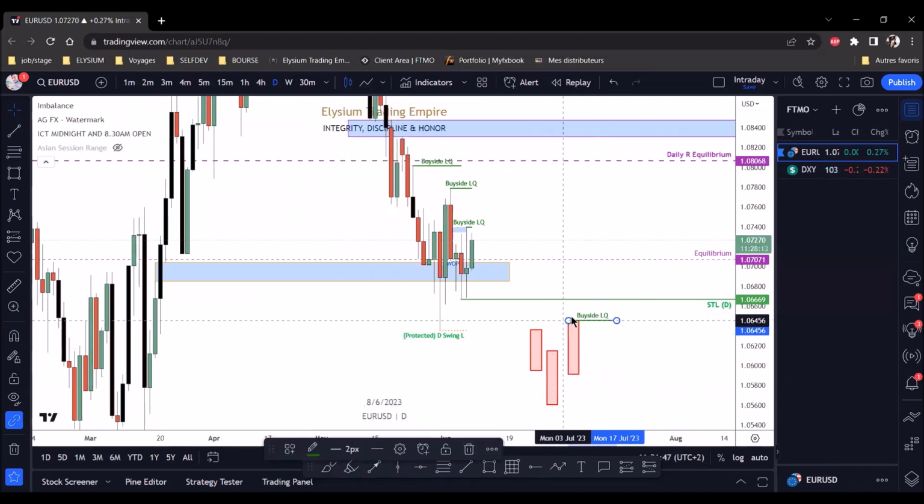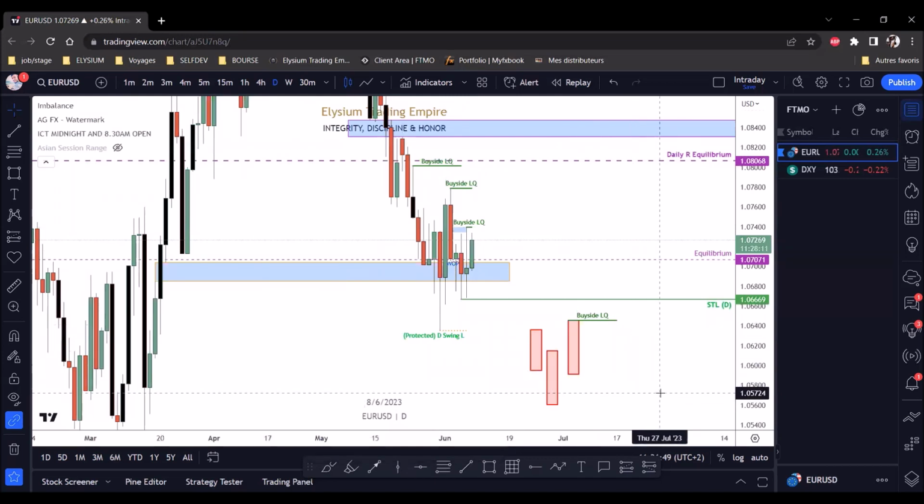In this case, it is buy-side liquidity. Even though the high might be there, the candle close might be there, and the next day you open right there. And so your target will be the buy-side liquidity.